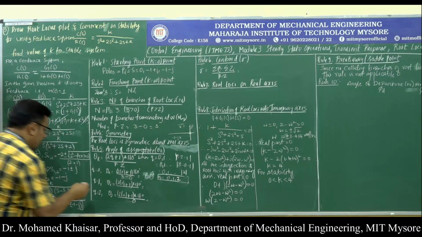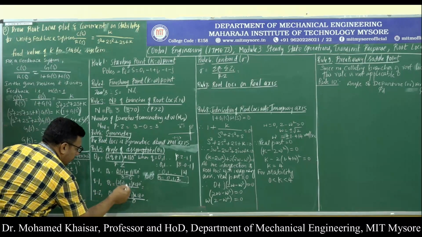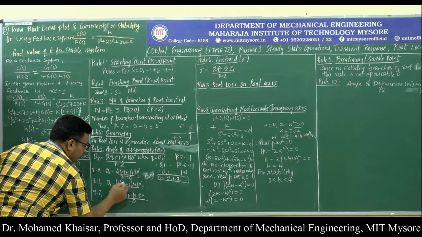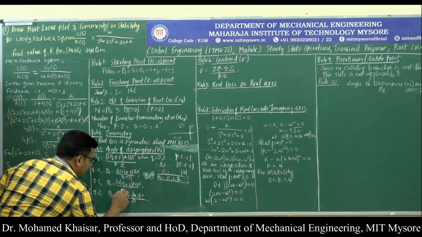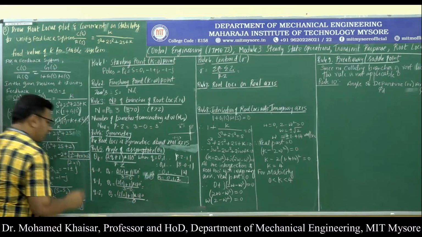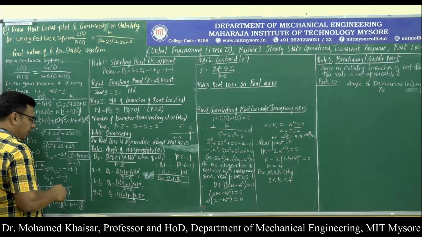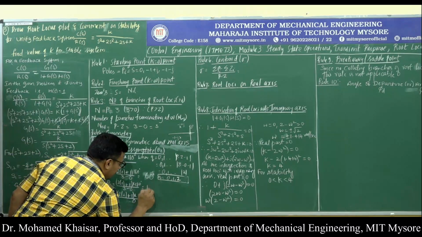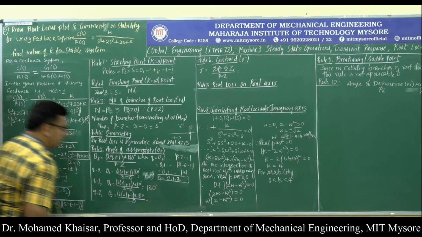Then, when q is equal to 1, theta 1, 2 into 1 plus 1 is 2 plus 1 is 3, 3 into 180 is 540 divided by 3 minus 0, 540 divided by 3 will be 180 degrees.